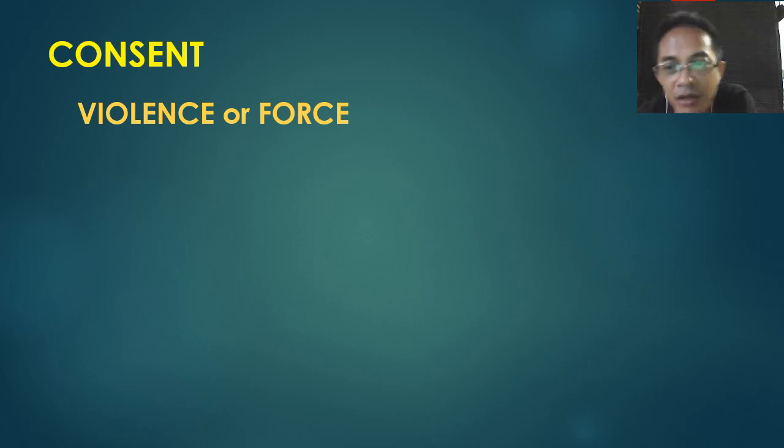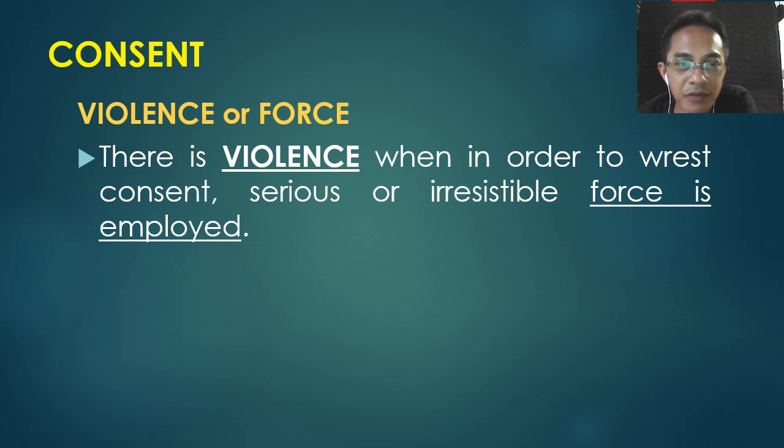Okay, on violence and force. Okay, there is violence when, in order to wrest consent, serious or irresistible force is employed. Okay? Dapat serious force plus force. Or irresistible force. Serious or irresistible force is employed. Okay?